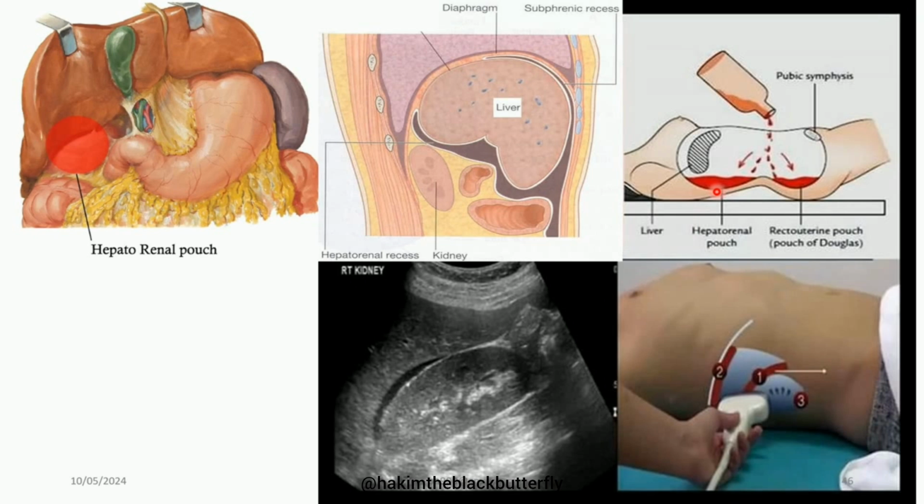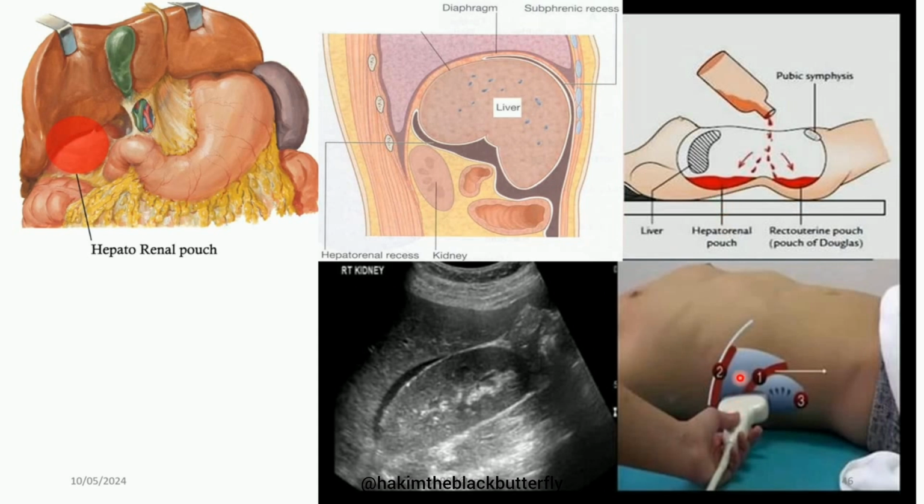And once this patient stands, of course, this is a lady, this fluid will enter the pouch of Douglas. Once this patient is in the erect position, but in the supine position, there'll be some fluid here, but also more within the hepatorenal pouch.